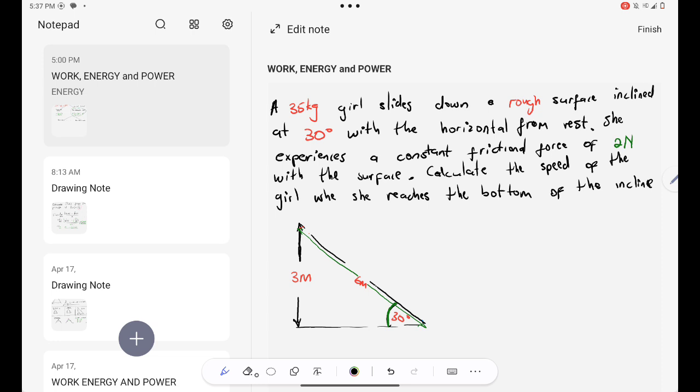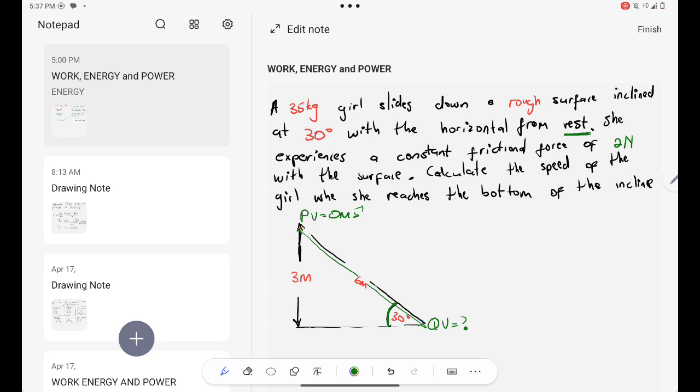Remember that the girl will slide down, starting from rest. If this is position P and that's position Q, the velocity of the girl at position P is 0 meters per second. I want to find out her velocity when she reaches position Q.